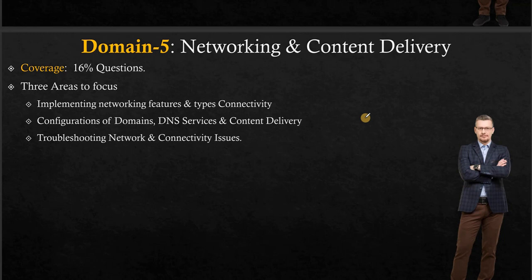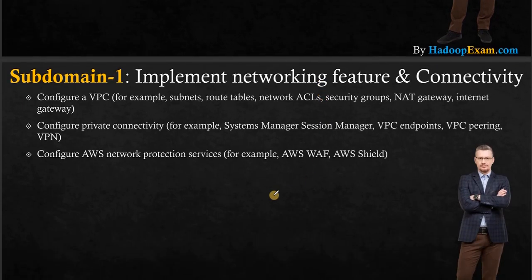First is implementing networking features and types of connectivity, second is configuration of domain DNS services and content delivery, and third is troubleshooting networking and connectivity. So this module depends on networking and how you deliver your content to the desired party, correct? Let's go through each subdomain and what it's trying to cover.